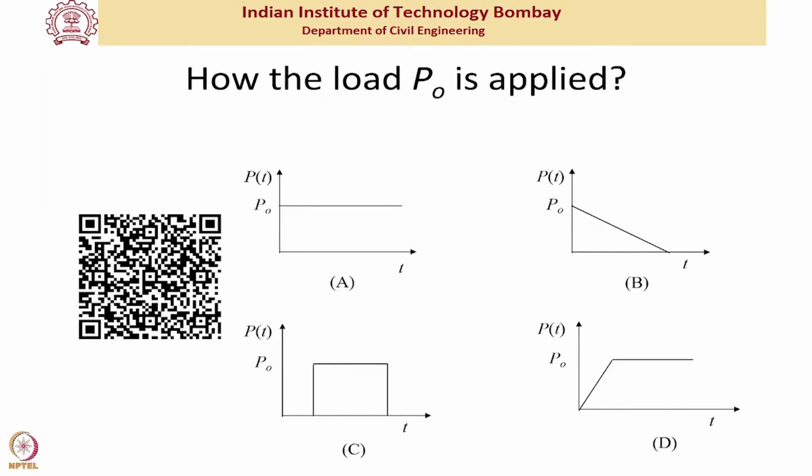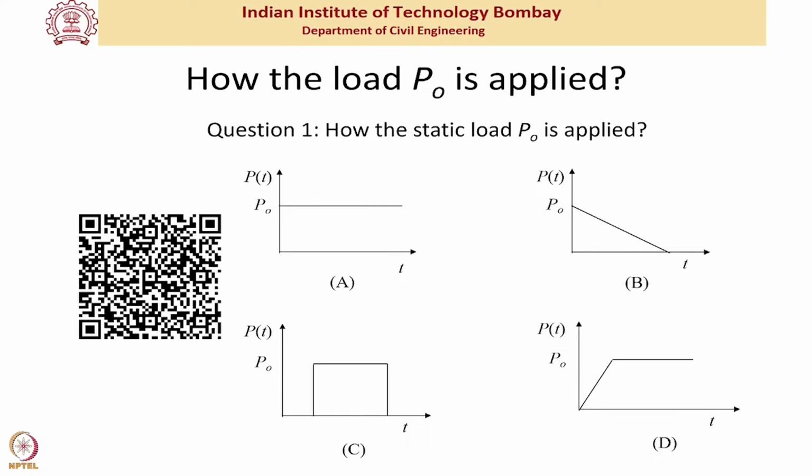So what I am showing you here, the question is how the static load P naught is applied, and I am showing you four options. If you had to represent the time variation of this load P, for which the maximum value is P naught, how would you describe this static load?